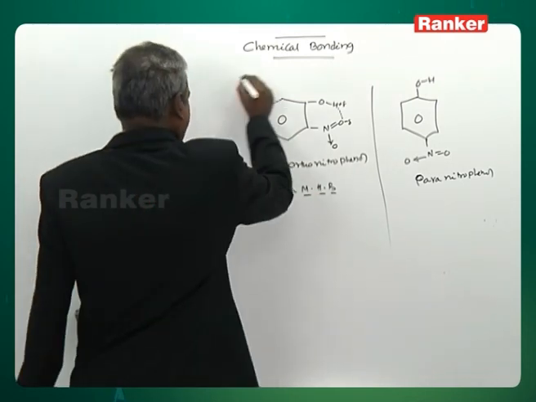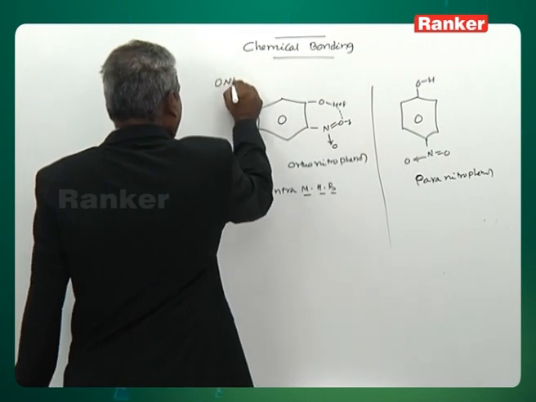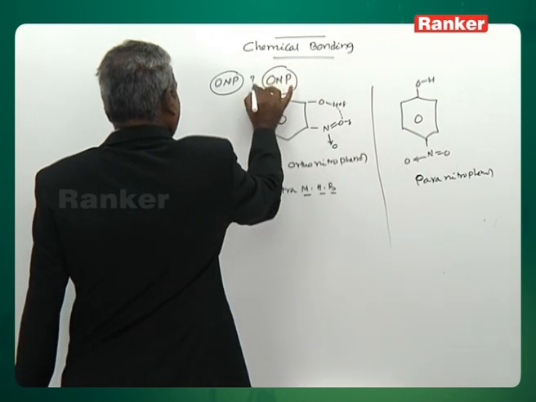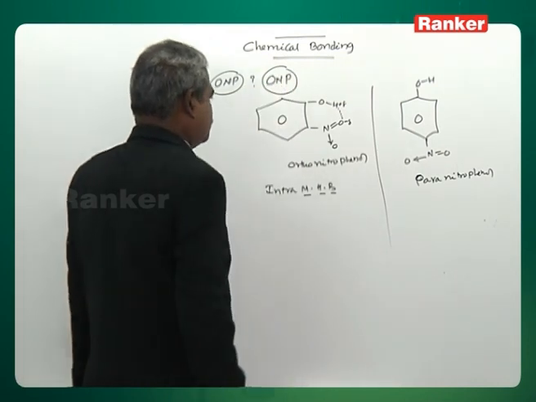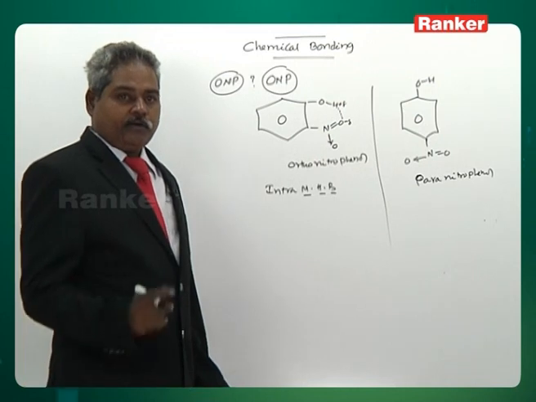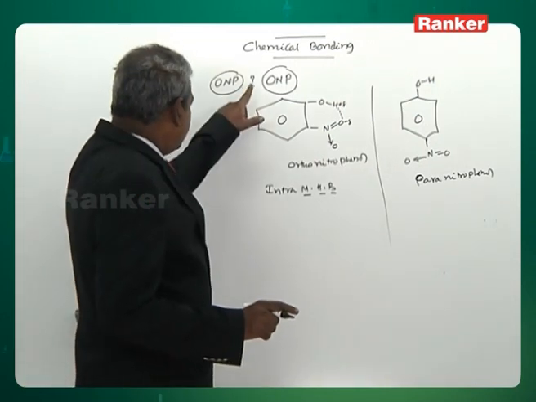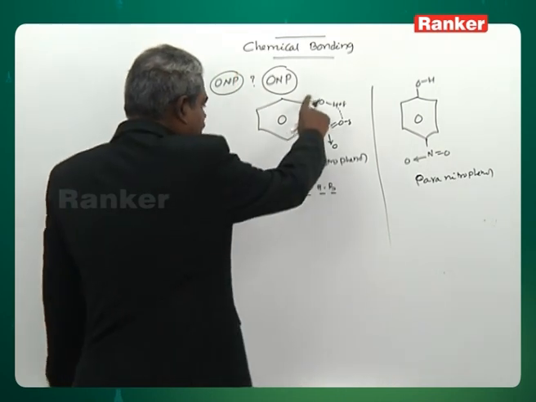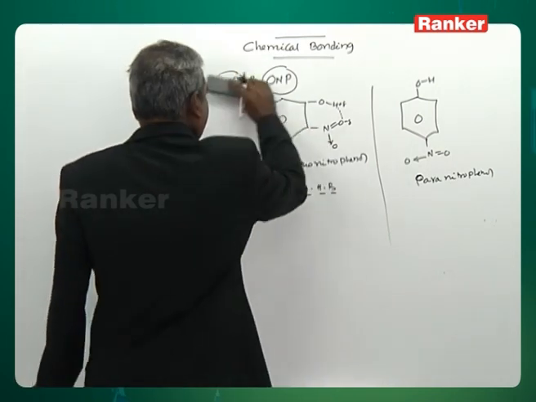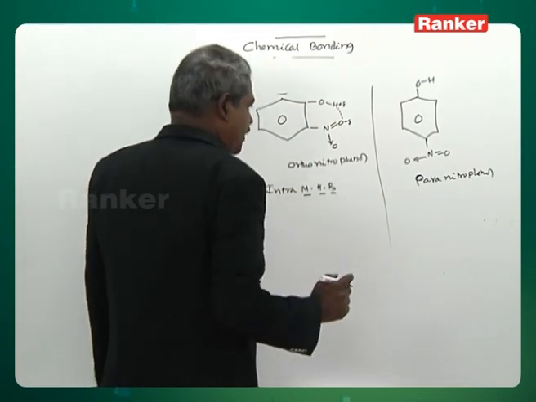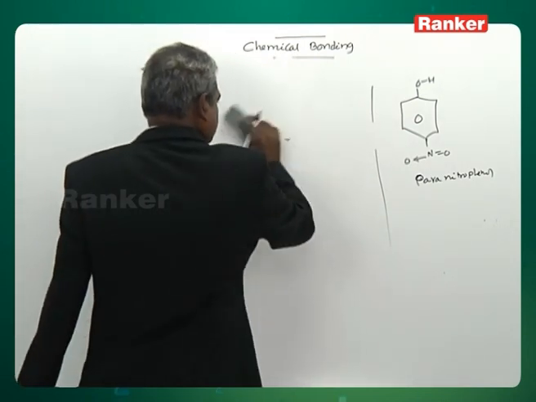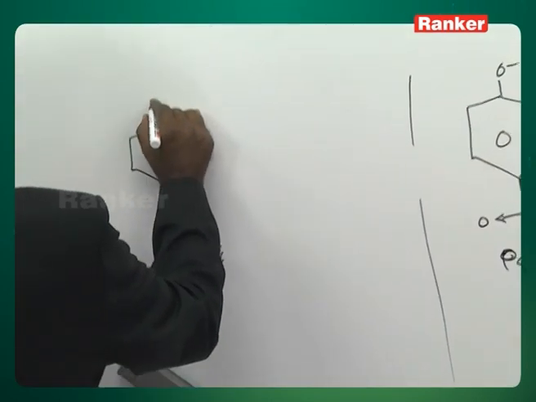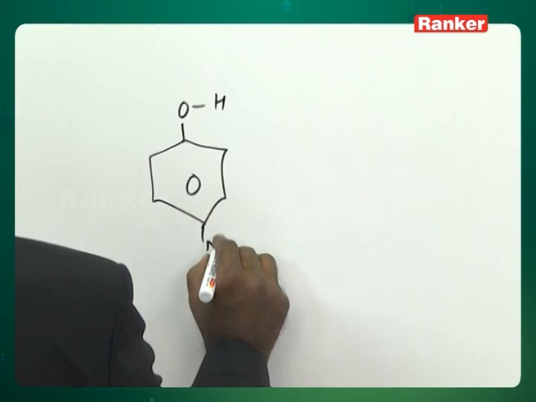So what exists between orthonitrophenol and orthonitrophenol? Virtually nothing. There is no force between two molecules. I am interested in attractions between one molecule and the other, but this is intramolecular attraction that doesn't bring about much change. But in the case of paranitrophenol, intermolecular hydrogen bonding is possible with NO2.